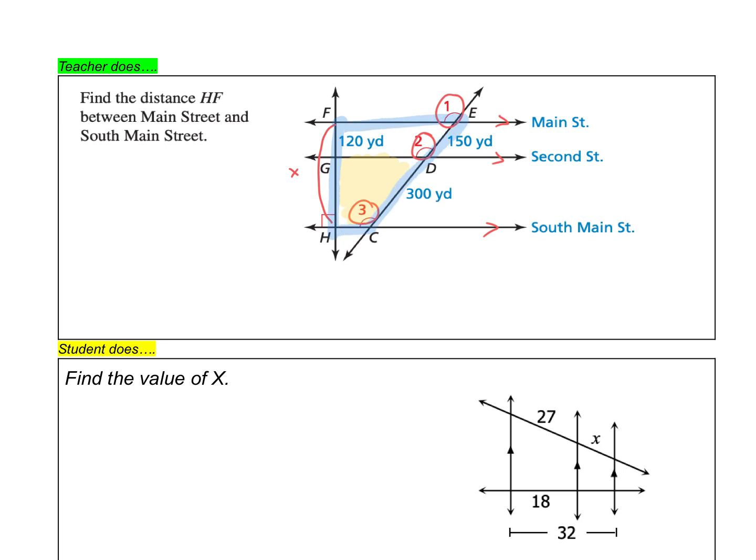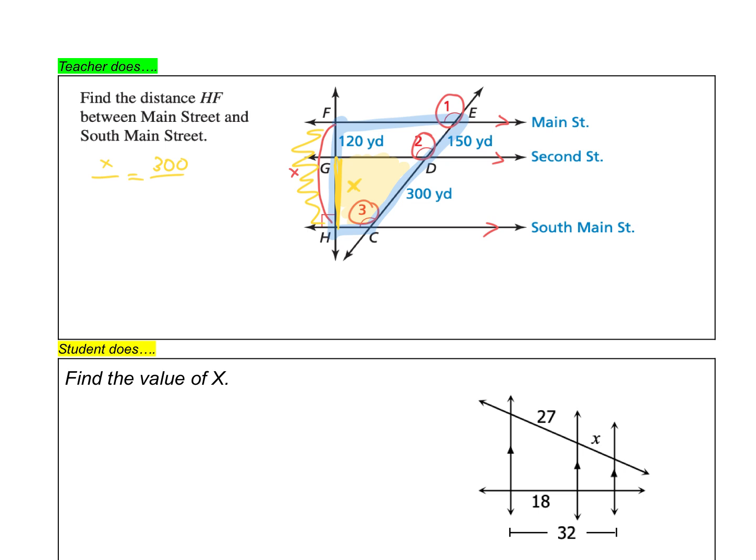So if we start with the yellow figure, we have a side of 300, and then we don't know this side GH. So maybe instead of calling HF X, I'm going to change my mind. I don't want that to be X. I'm going to make this side my X, my HG.